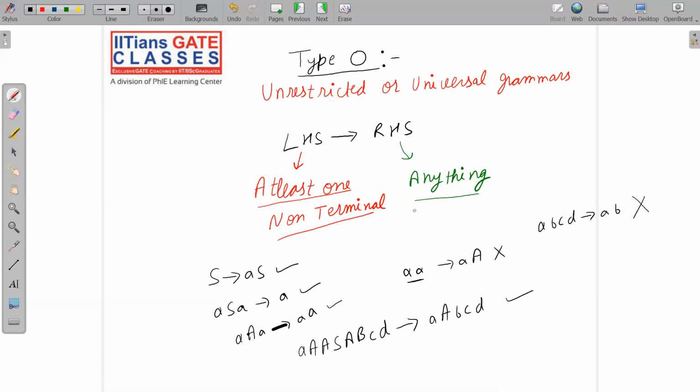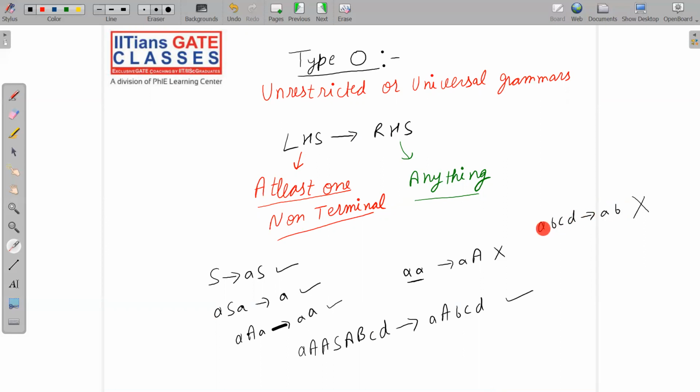So why do you think there is this restriction of at least one non-terminal? Because see the fundamental definition of grammars, the 4 tuple, N, T, P, S or V, T, P, S. So we say that a non-terminal can produce other non-terminals or terminals also, right? So if we do not have any non-terminal in LHS, then how are we producing something else?